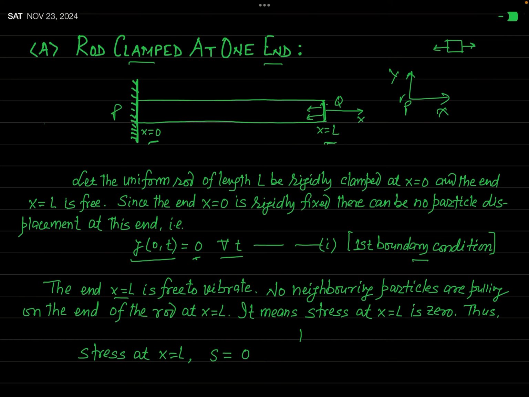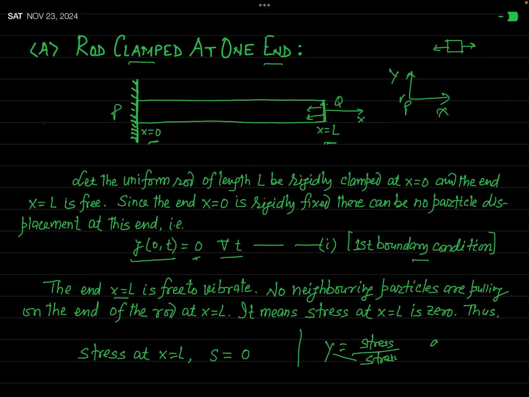But you have learnt earlier in my first video on this subject how this stress is given. You know, Y is stress over strain, and therefore stress is Y times strain.